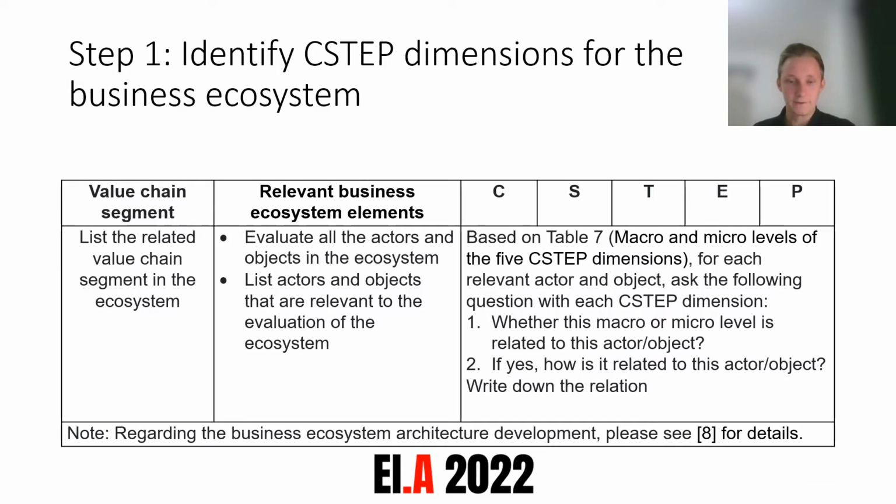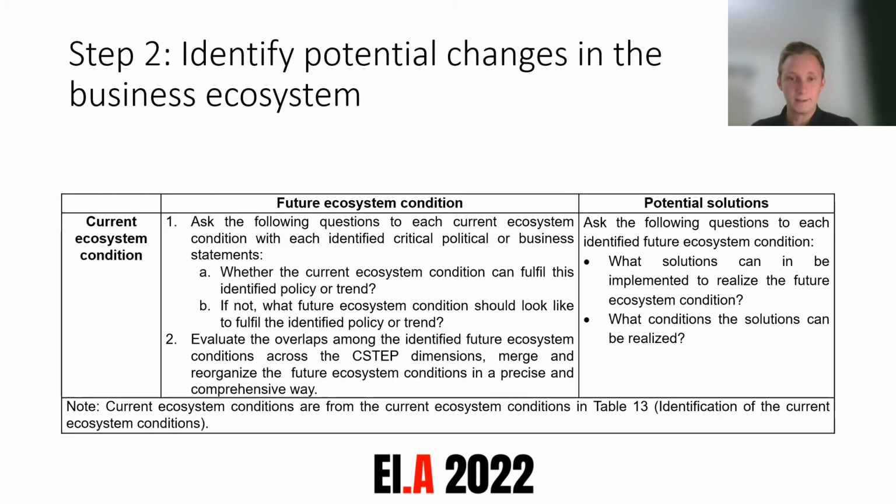So I will go through each step with you shortly. I will also go through where we apply them, so I will just go quickly over them. In the first one, we choose the value chain segment in the business ecosystem, the related actors and objects, and we try to identify the different factors on macro and micro level that identify the current condition of the system.